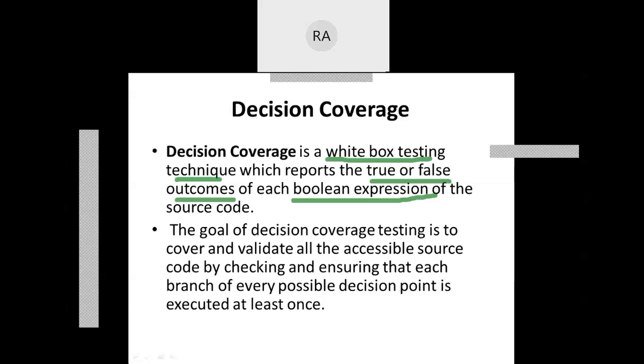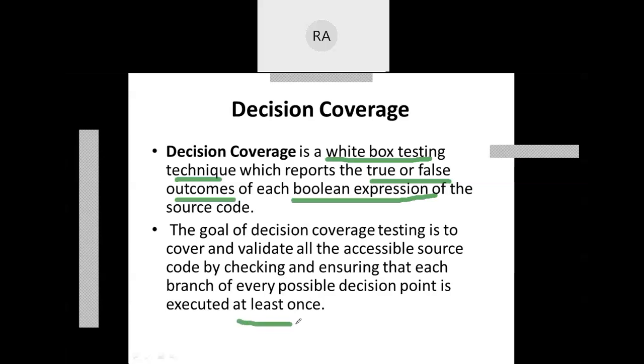And what is the objective with respect to decision coverage? The objective here is to cover as much of the source code as possible and validate it by checking each branch of every possible decision point. We are going to cover as many of the conditional Boolean expressions as possible, and validate the outcomes associated with a particular Boolean expression at least once.